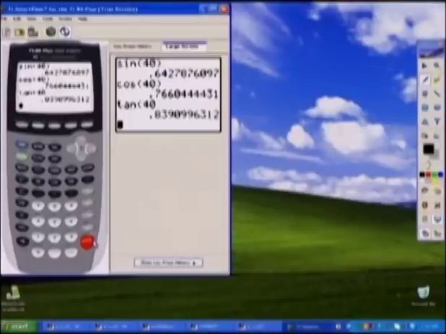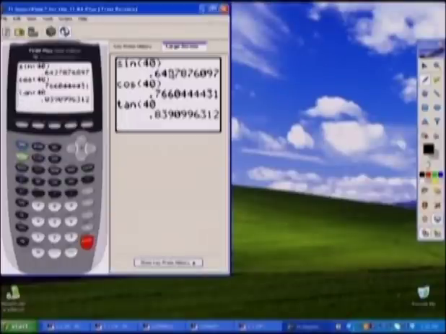And just to see that we didn't need to close our parentheses there on the TI. But it's just a good habit to always close parentheses as much as possible. So these numbers here, the 64/100ths, the 77/100ths, and the 84/100ths, those represent ratios. It's key to remember that our input was an angle and the output is a ratio of sides that correspond.